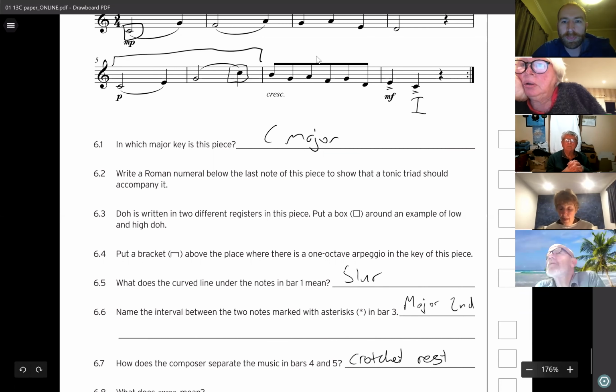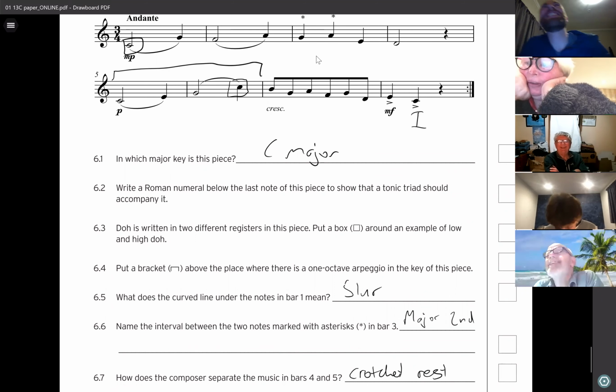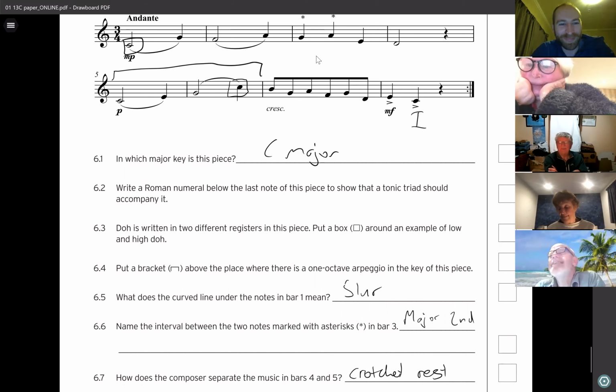If you just wrote a rest, well, yes, that is correct, it has been separated by the use of a rest. But I think the most correct answer would be a crotchet rest or a 1 beat rest. That would have confused me. I would have written, he wrote the next bit on a new line. Me too. I did think of that as well, but I thought, well, that can't possibly be what they're trying to do. So therefore, I figured it must be the rest.